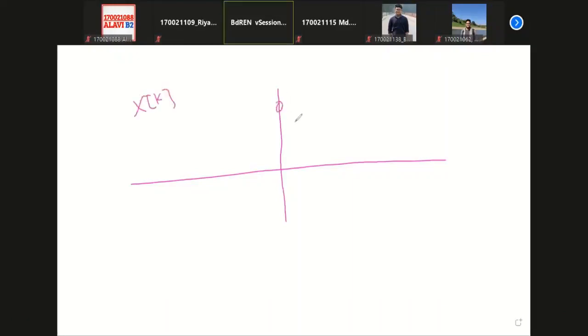Let me plot it in a continuous manner, with the assumption that only the discrete values will exist for k. This is your k-axis.